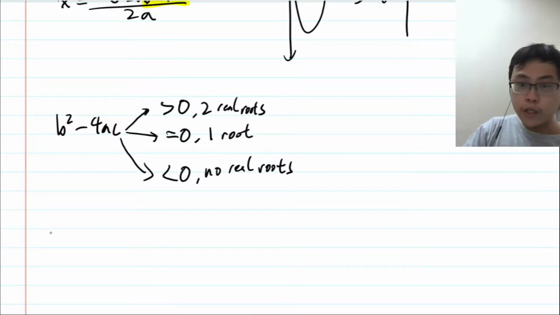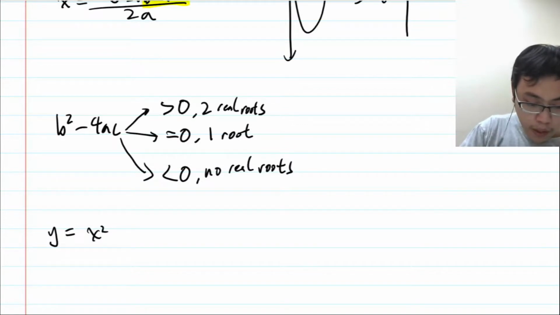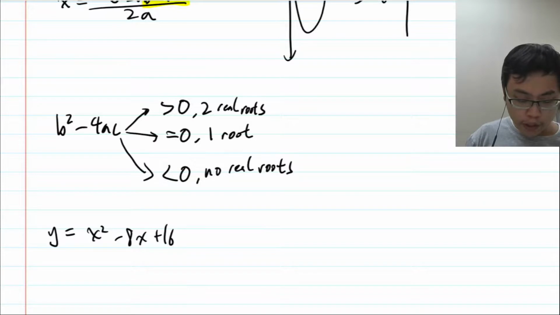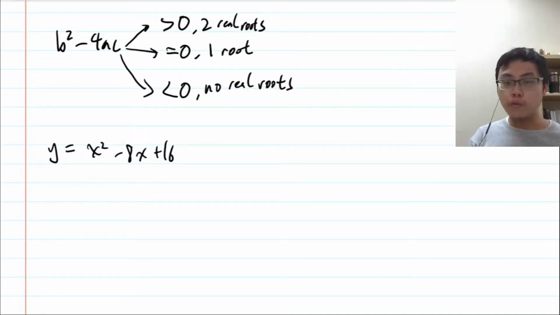We have an equation, y equals x squared minus 8x plus 16. So this is our equation. And now we're going to figure out whether there are two roots, one root, or 0 roots.